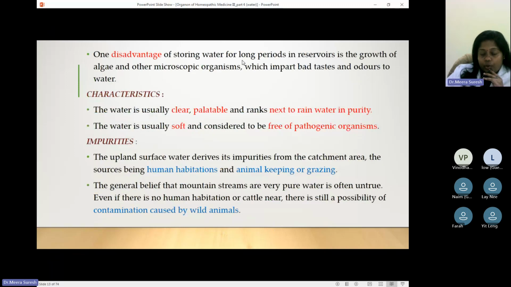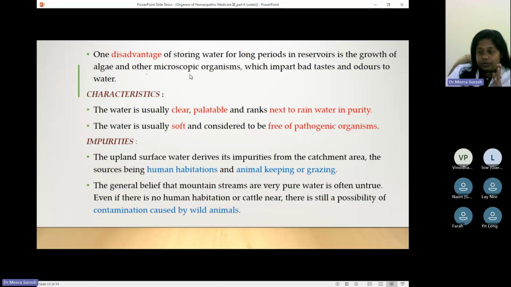One disadvantage of storing water for long periods in reservoirs is the growth of algae and other microscopic organisms, which impart bad taste and odors to the water. In dams, a large quantity of water is accumulated and stored, and the problem for drinking purposes is the growth of algae and other microscopic organisms.